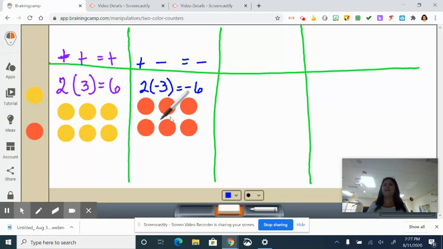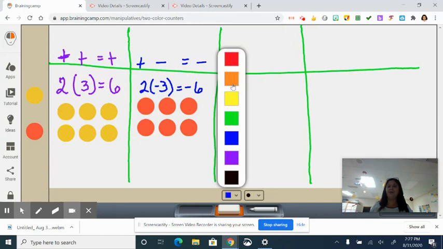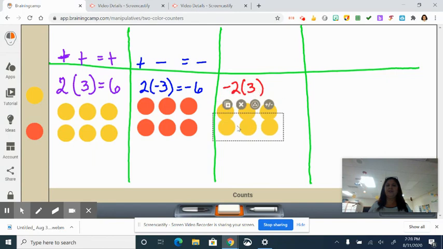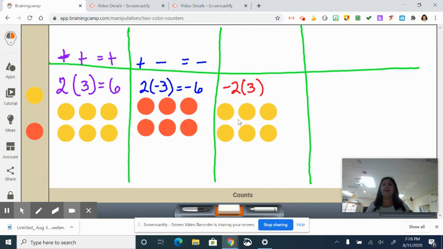What if I had negative 2 groups of positive 3? Let me show you what that looks like. I'm going to do my 2 groups of positive 3. There's one group and there's another group. This is 2 groups of positive 3, but I need the opposite of them because I have negative 2 groups.